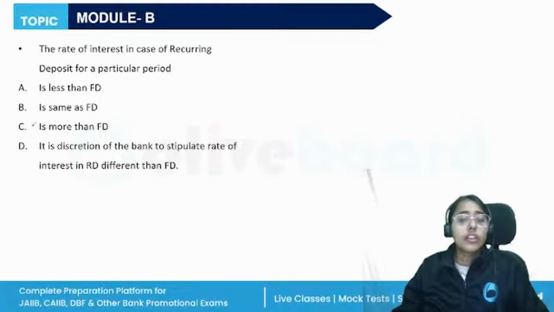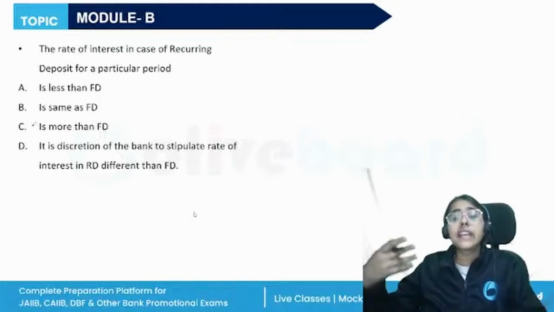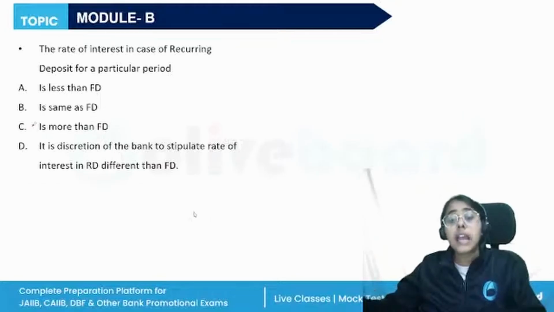Next, the rate of interest in the recurring deposit for a particular period. Now, what is a recurring deposit? It is when, let's say, any salaried individual wants to save a fixed amount every month, and at the same time they want to earn interest at the rate applicable to the fixed deposit. So it will be a contract between the customer and a banker.